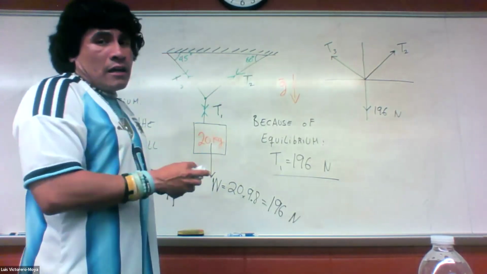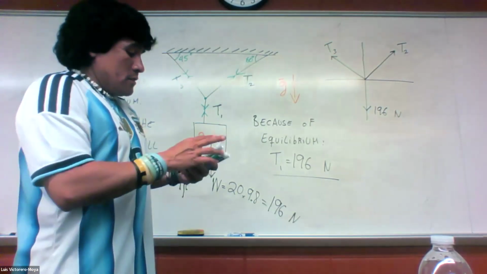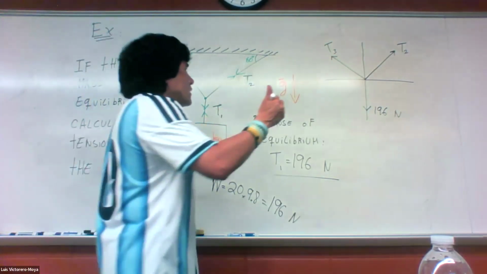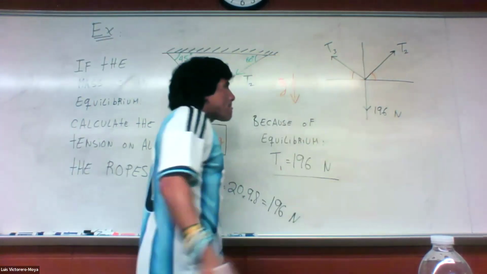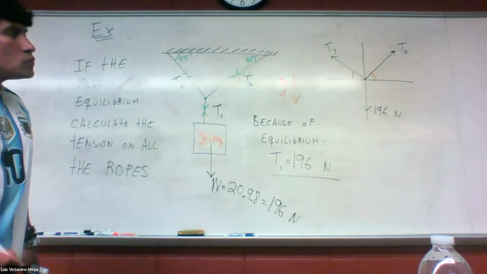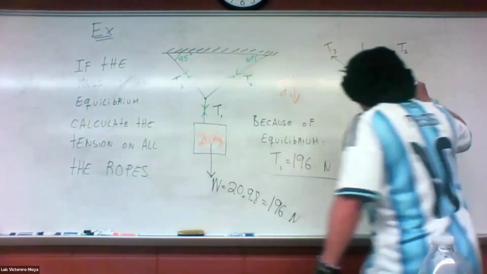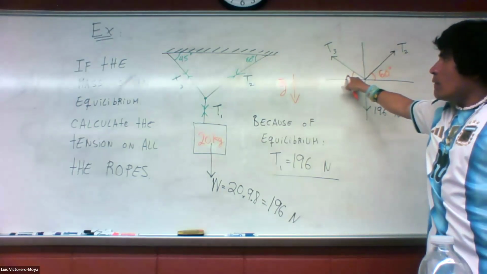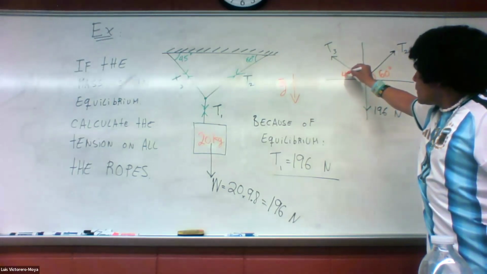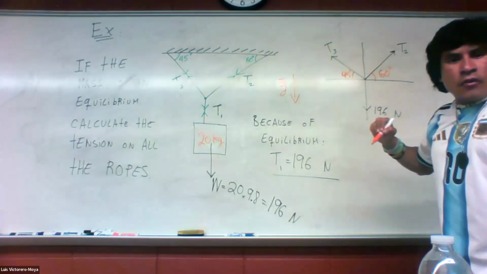Question though, and this is geometry: what are the angles here and here? What's the angle here? Isn't it 60? And the angle here? 45? Is that clear for everybody?